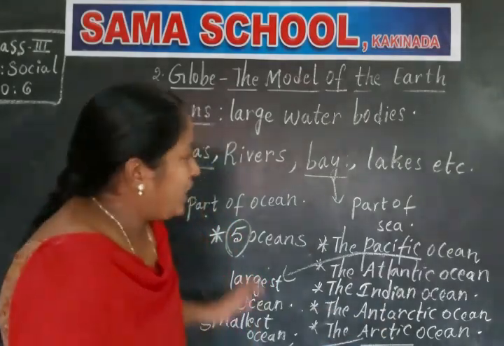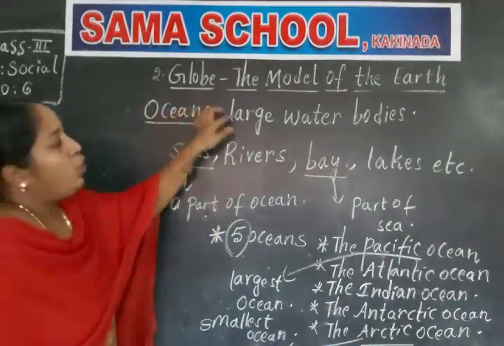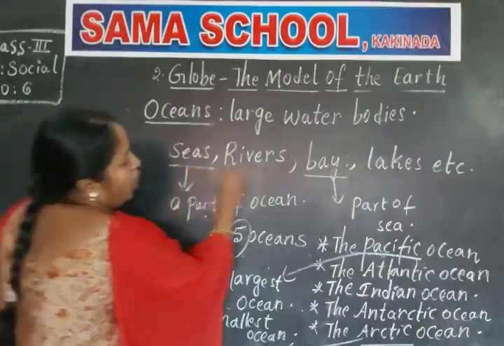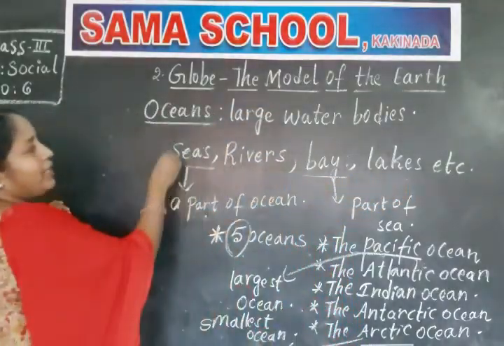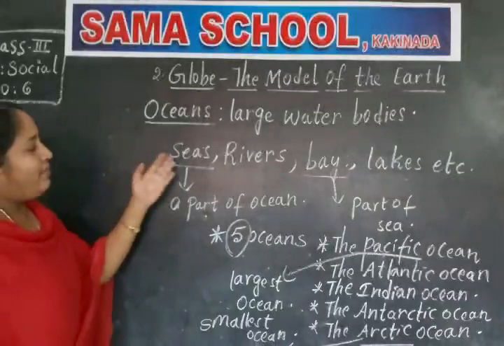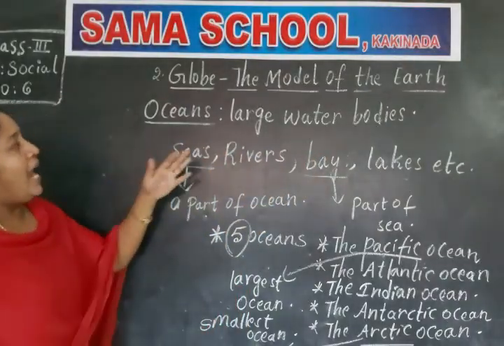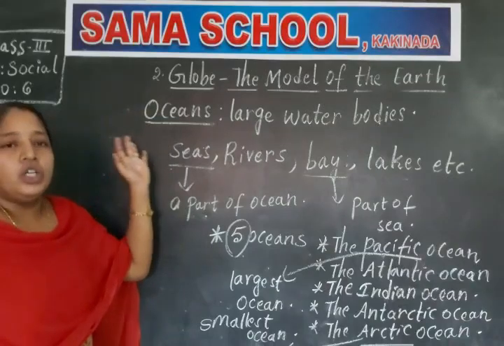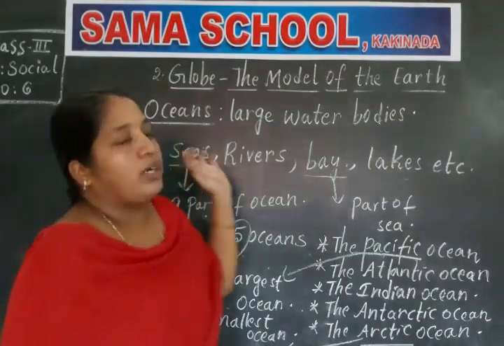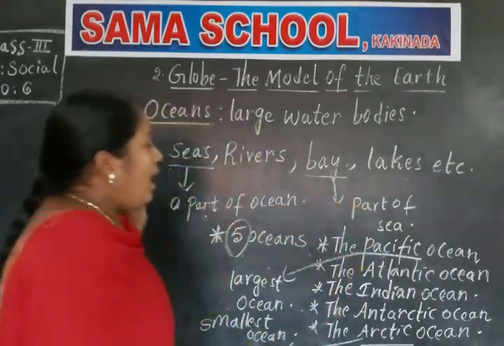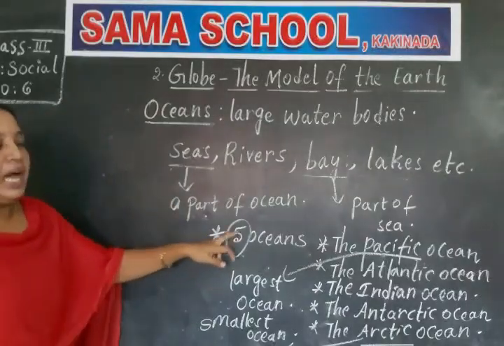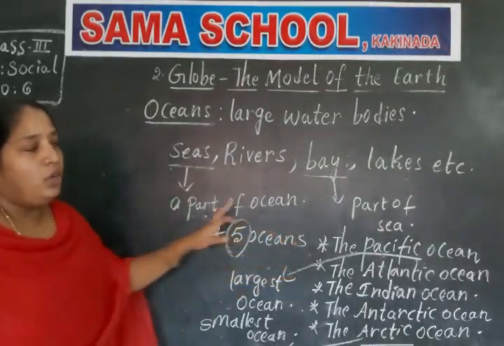Now tell me, what is the ocean, children? Large water bodies. And these are the small water bodies. These are all smaller than the oceans. These rivers, lakes, seas, bays, these are all small water bodies and they are smaller than the oceans. So oceans are the large water bodies present on the earth. And how many oceans are there on the earth? 5 oceans.